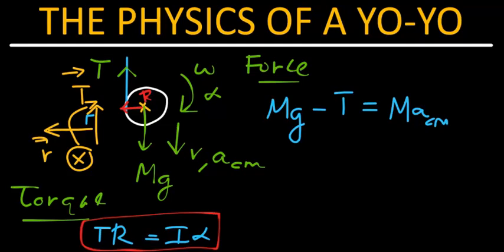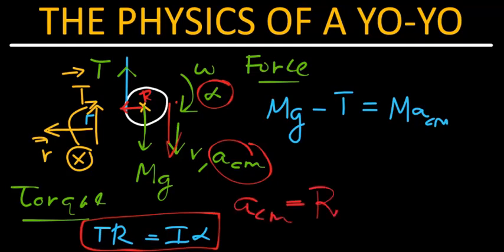At this point, we should note that you can relate the acceleration of the center of mass to the angular acceleration of that disk. The acceleration of the center of mass is tangential in nature, so that tangential acceleration equals the radius of that disk times angular acceleration. Likewise, the tangential speed at any point equals the radius of that disk times the angular speed.